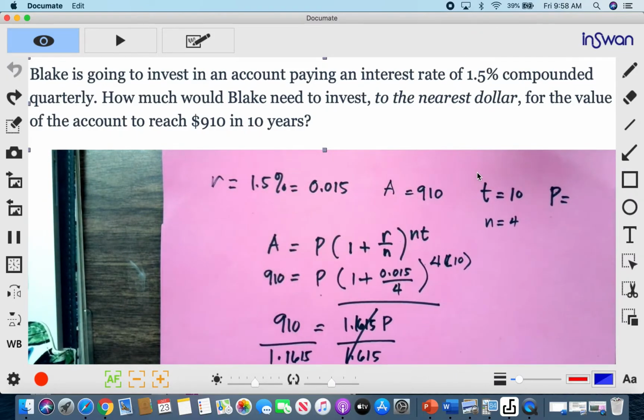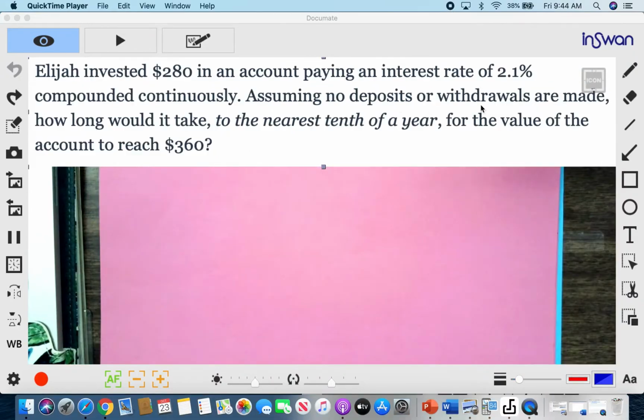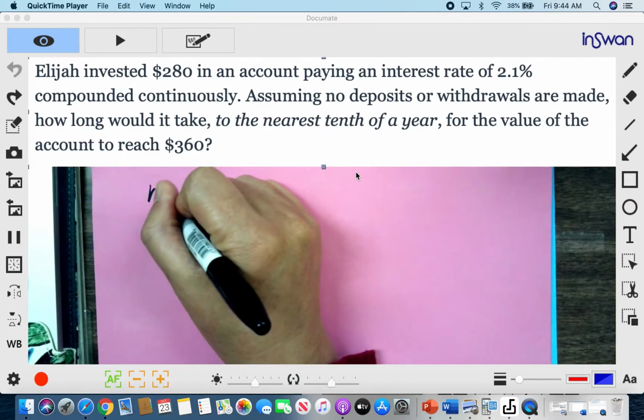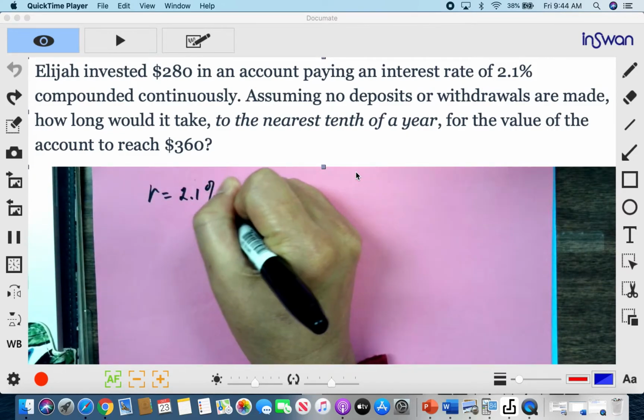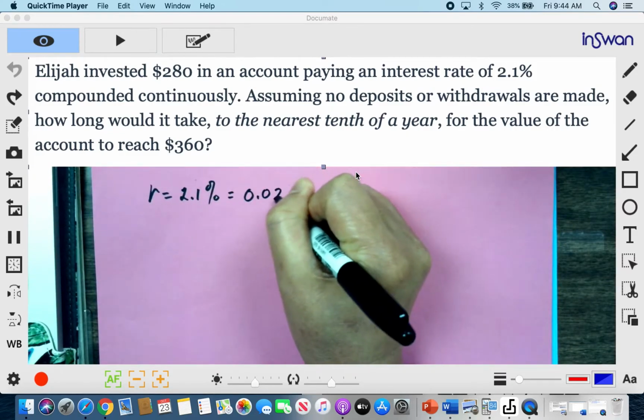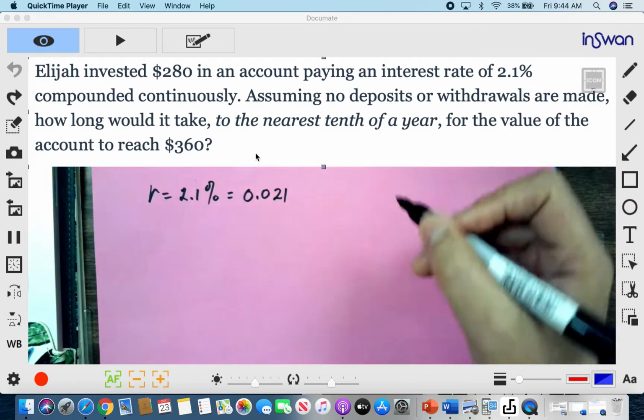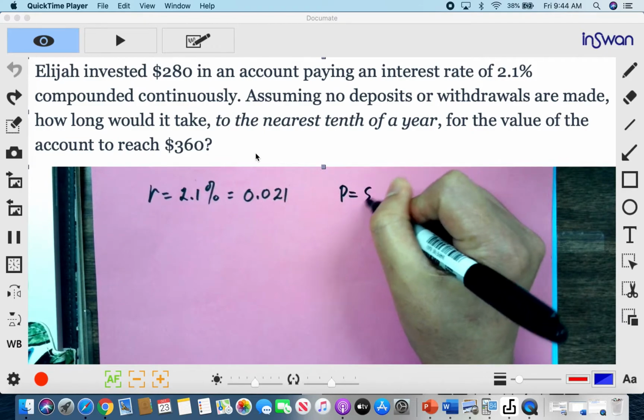Paying an interest rate of 2.1%. So our rate is 2.1%. And of course, this is the same as 0.021 in decimal. And our investment, which is our principal, is $280.